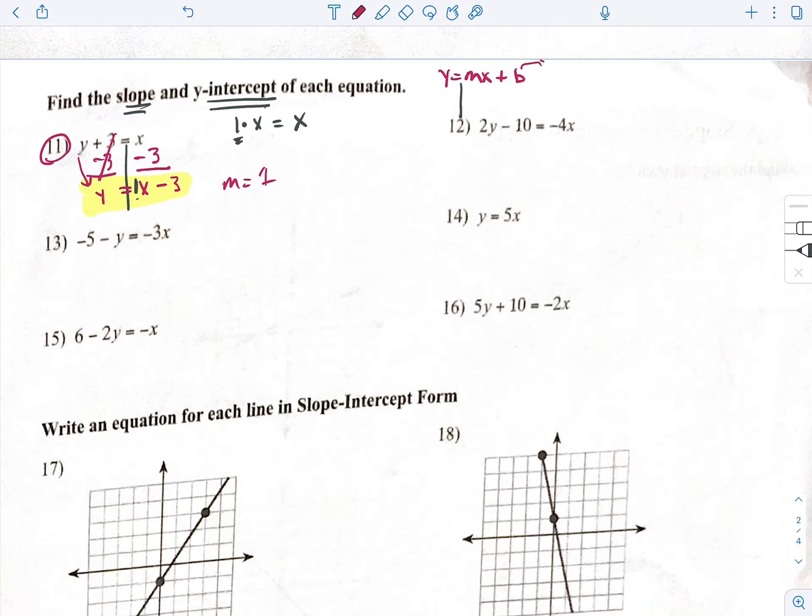And remember, b represents our y-intercept. So this number hanging out by itself, -3, that's our y-intercept. There we go.